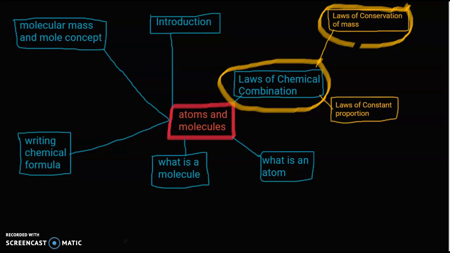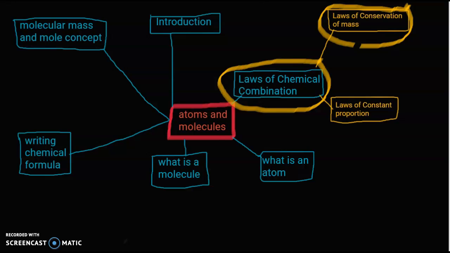For example, atoms of hydrogen will all have the same mass. But if we compare atoms of hydrogen and oxygen, the mass of hydrogen atoms and the mass of oxygen atoms will differ. So this is what he said.